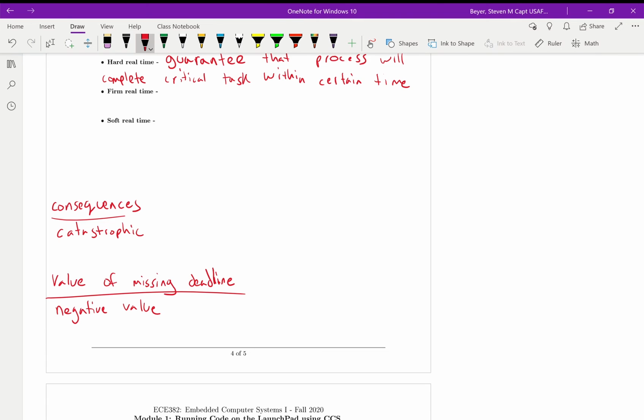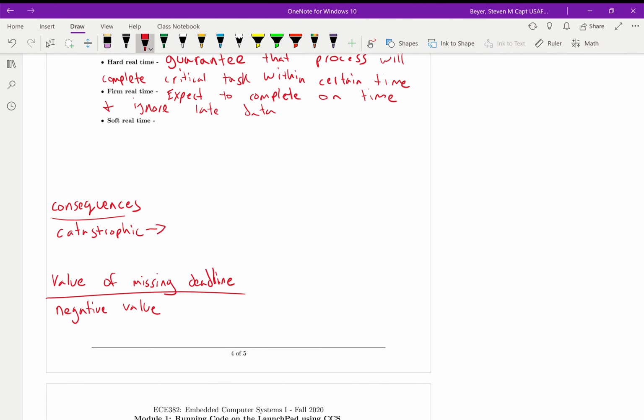All right, firm real-time, we expect all critical tasks to complete on time, and then it ignores values after deadline. So we expect to complete on time, and we ignore late data.